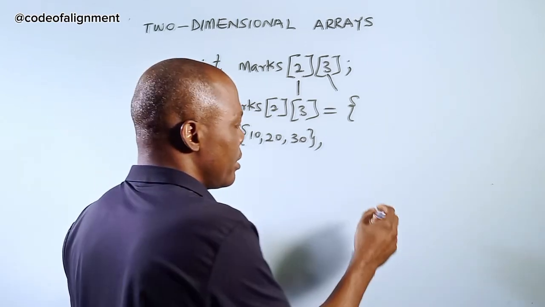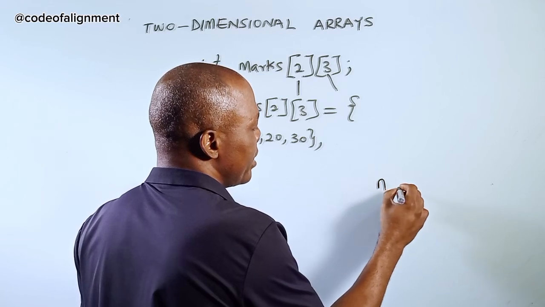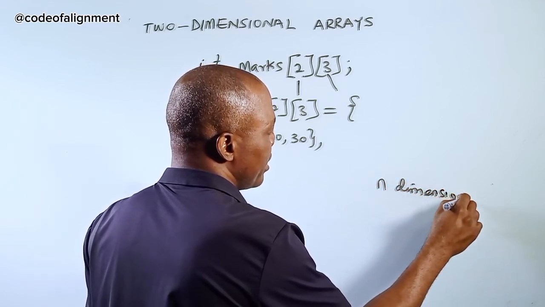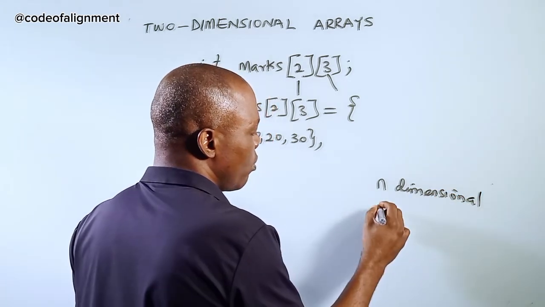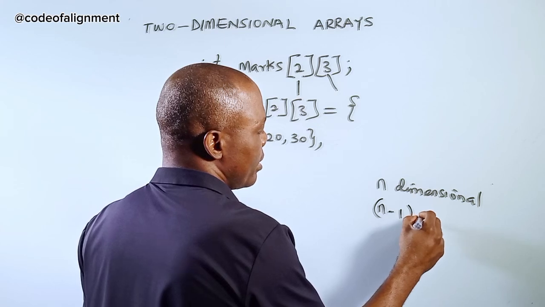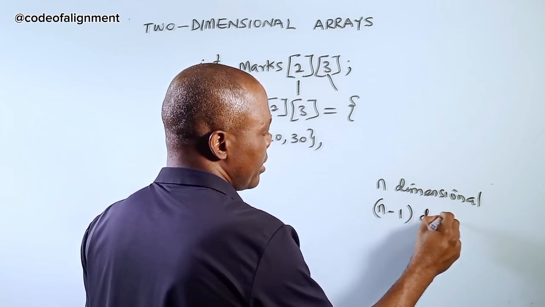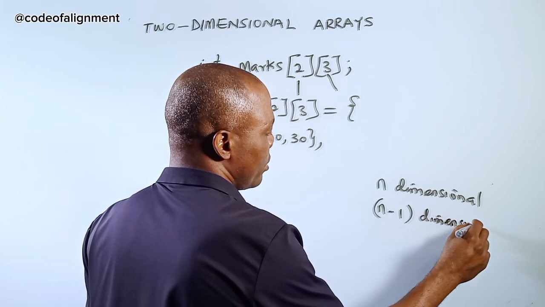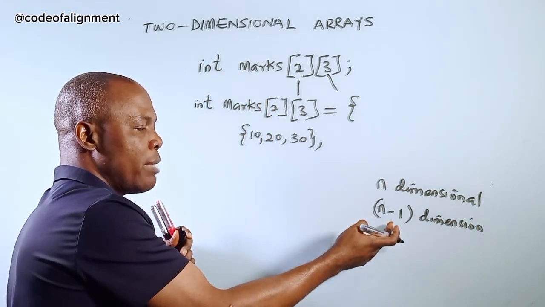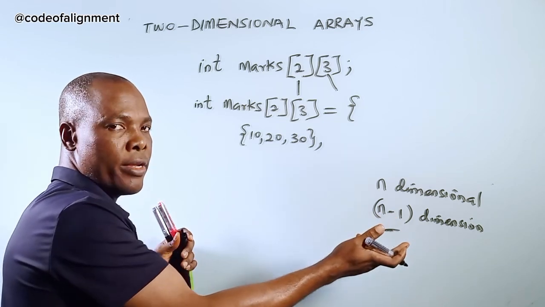So it means if I'm having an n-dimensional array, right, the element will be what? N minus 1 dimension, right? So if I have a 2D array, the element will be what? A 1D array.